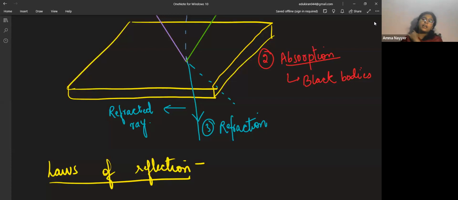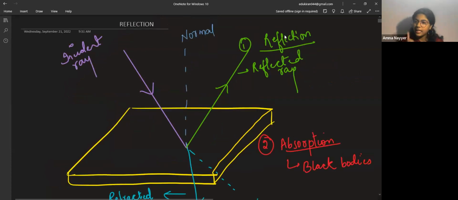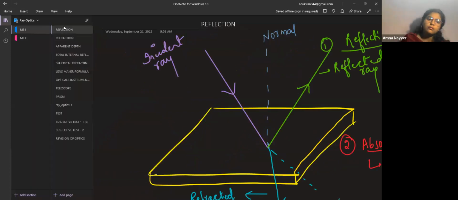So refraction can occur. Now see class, in class 11th you had absorption in thermal physics. This topic was there in your second book. Right now you will be just focusing on reflection and refraction. This lesson is actually lengthy, it will take a little time. Lots of topics are there. Refraction is there, then based upon refraction you have depth, total internal reflection, lens.